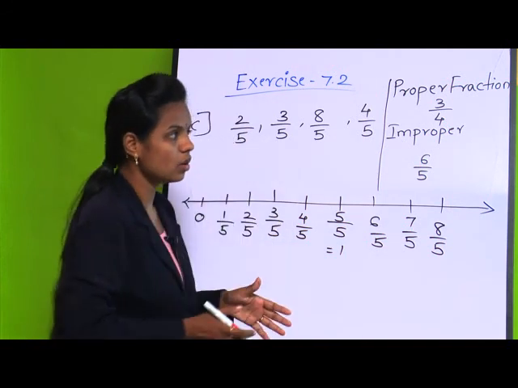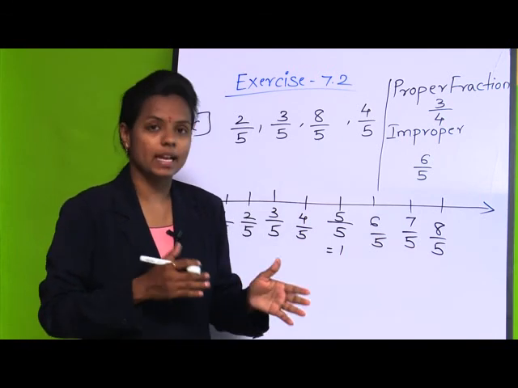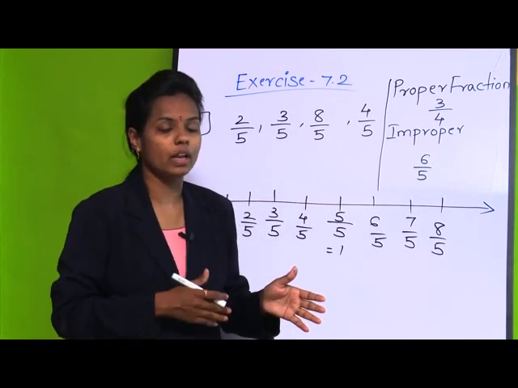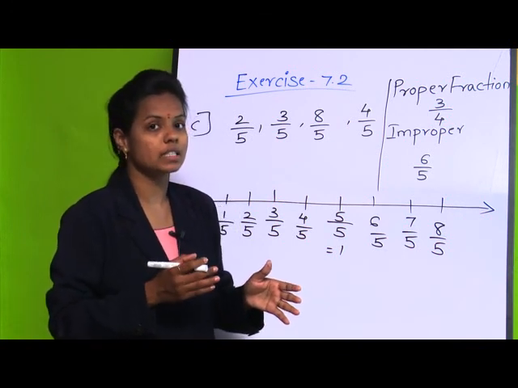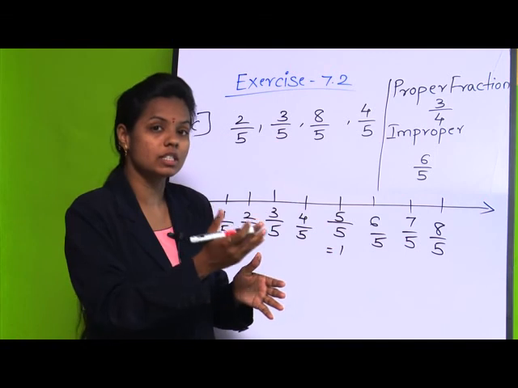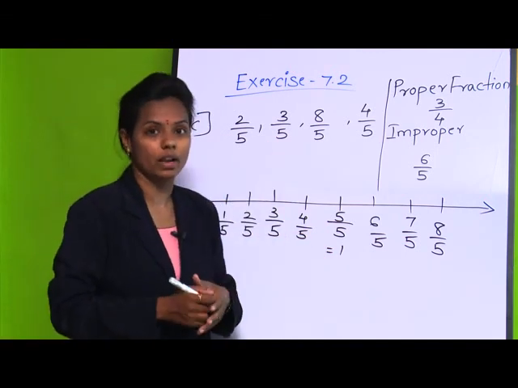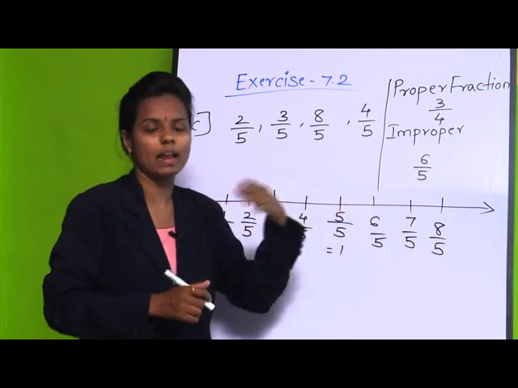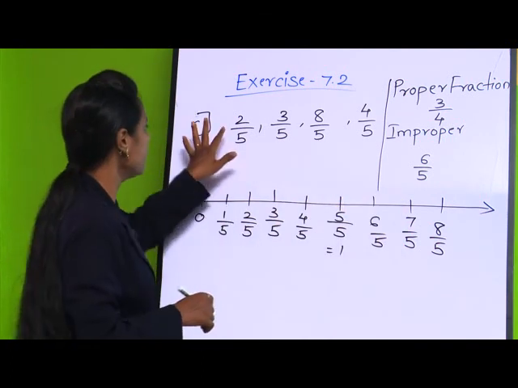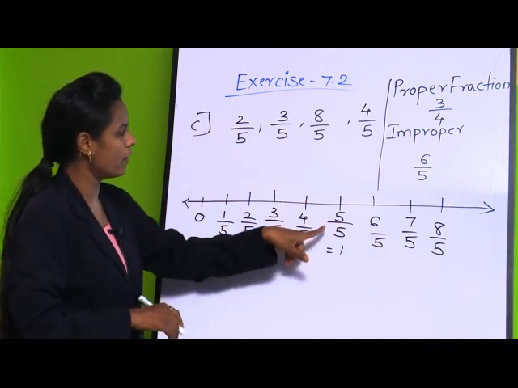Okay. So, till now we have seen such examples where we were solving fractions on a number line. We have seen such examples where we have the fractions less than 1. But in this type of example, we have the fraction more than 1. Okay. Let us see. See, 1 by 5, 2 by 5, 3 by 5, 4 by 5 and 5 by 5.